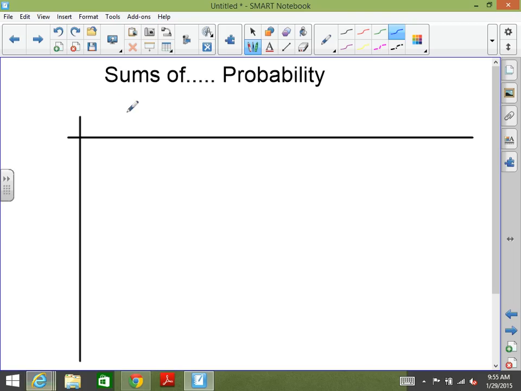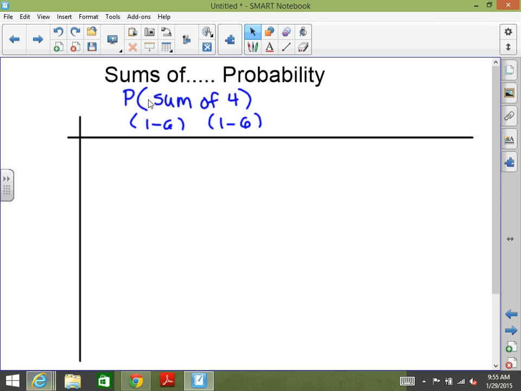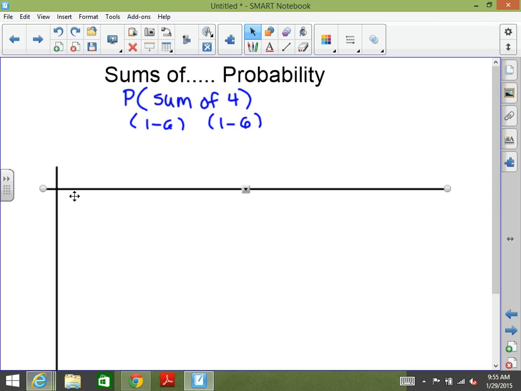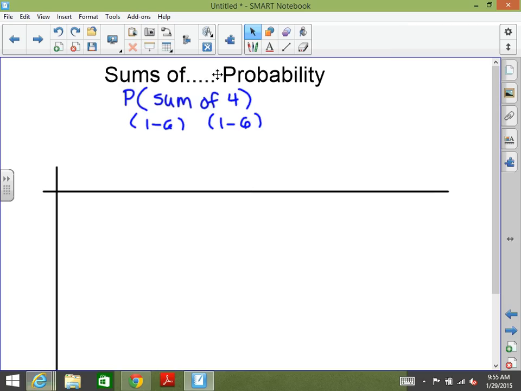Now, underneath your title, I want you to write "Probability" and put "sum of 4." Our number cubes are going to be numbered 1 through 6 and 1 through 6. So we have two cubes, and we're trying to find out how many times we can get a sum of 4.